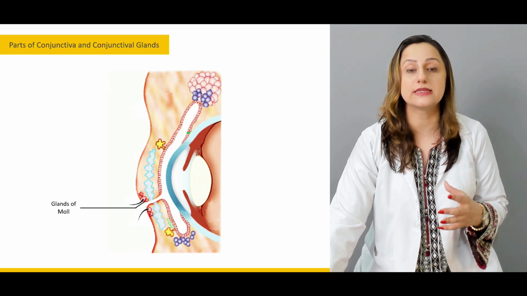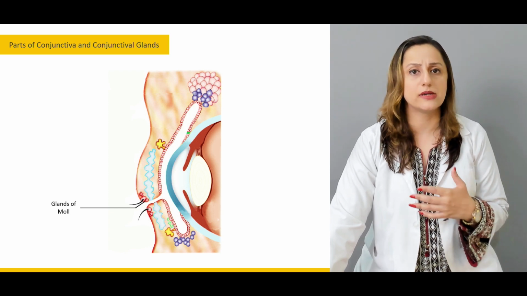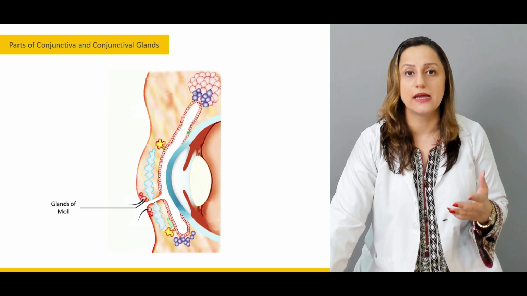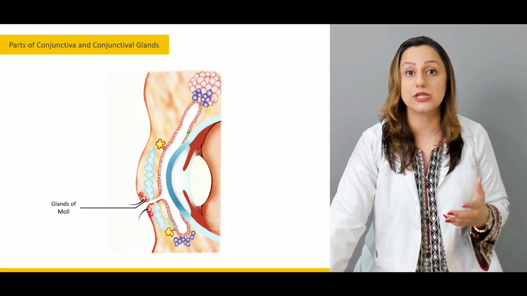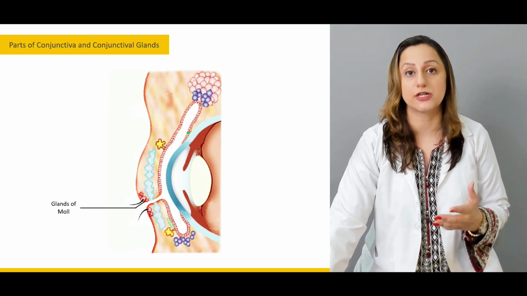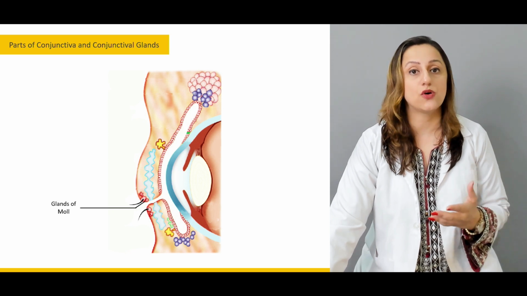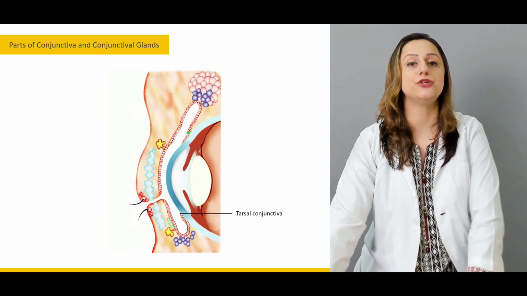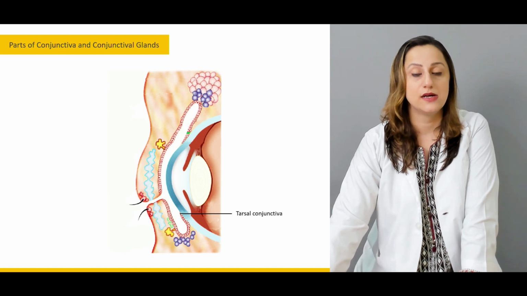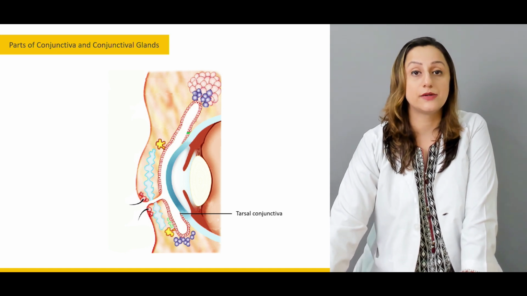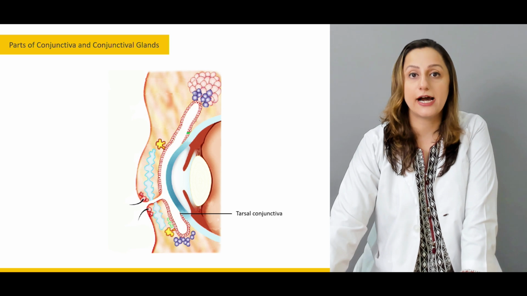All of this mucin secreting or tear secreting characteristic is basically responsible for the protective functions that are a very important part of the conjunctiva, which is basically a mucous membrane covering the eyelids, and it's also covering the eyeball.